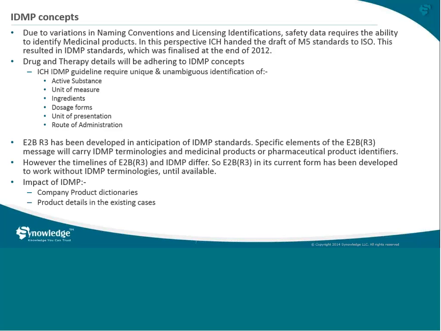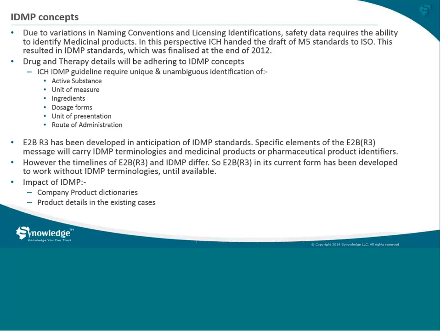While R3 standards and IDMP standards are independent of each other, R3 has been developed in anticipation of IDMP standards. Certain elements of E2B R3 will display the IDMP terminologies related to the pharmaceutical product libraries.